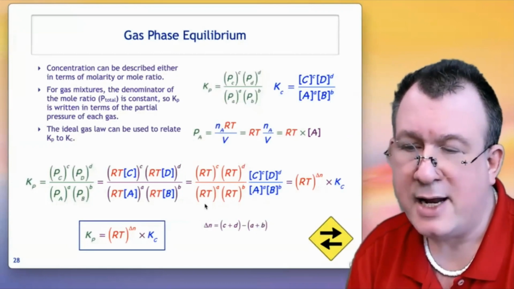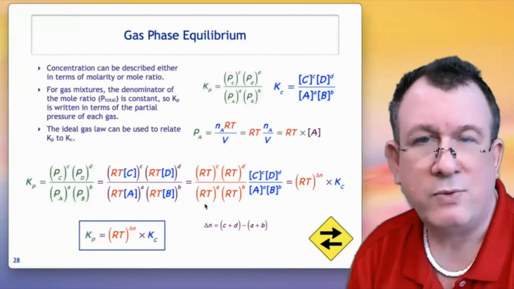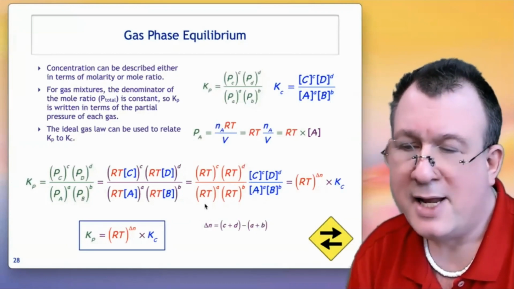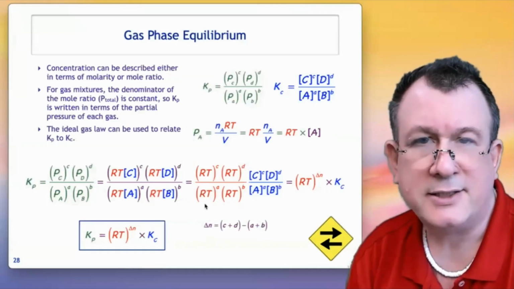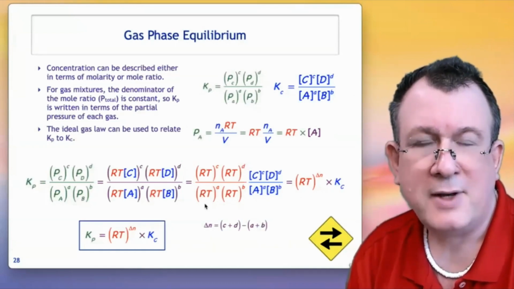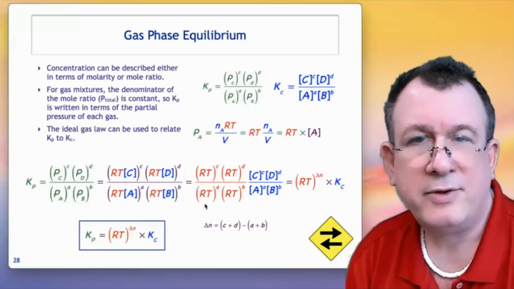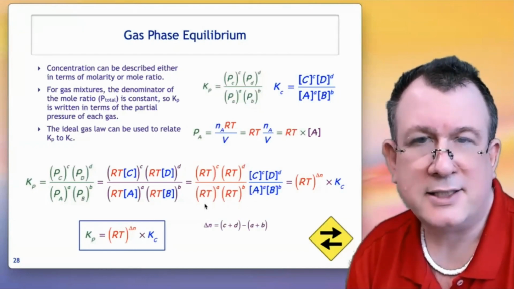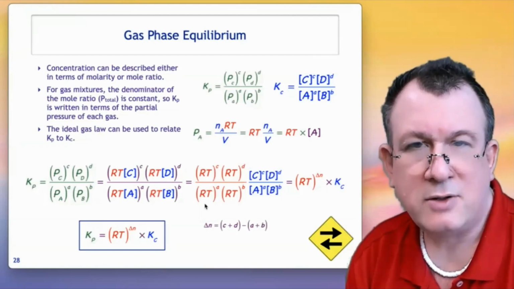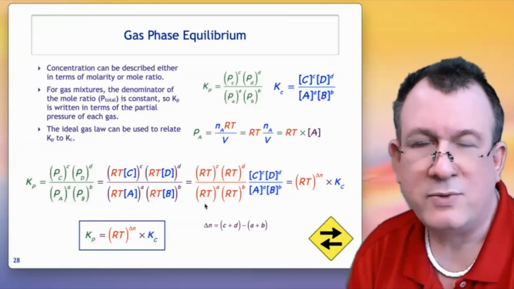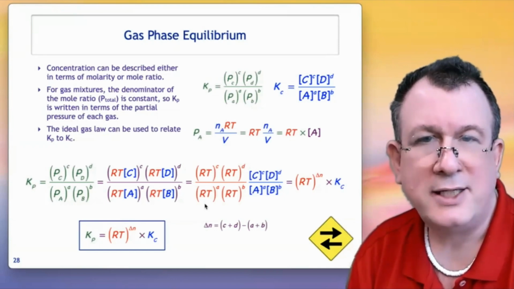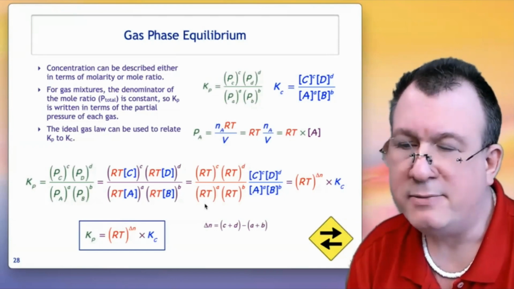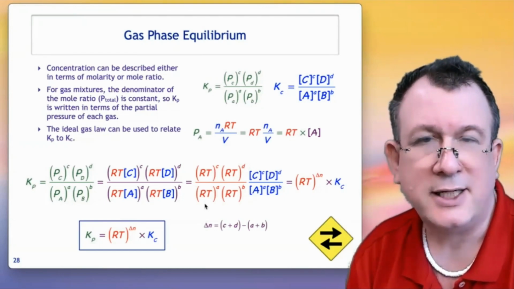Now, I'll tell you right now, the most common mistake people make with this trick is they reverse Kp and Kc. It can be kind of hard to remember which one came first. Try to remember that we did solutions before we did anything else in this class. The very first chapter was solutions. So you start with solutions. You start with Kc. And if you want to get Kp, you take Kc and multiply it by RT to the delta n.